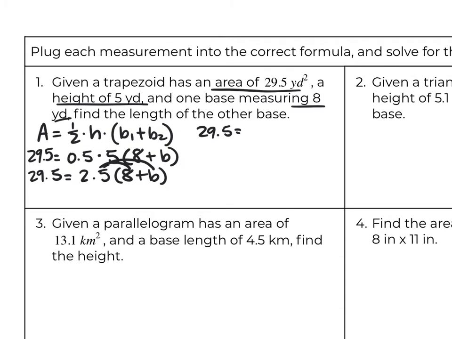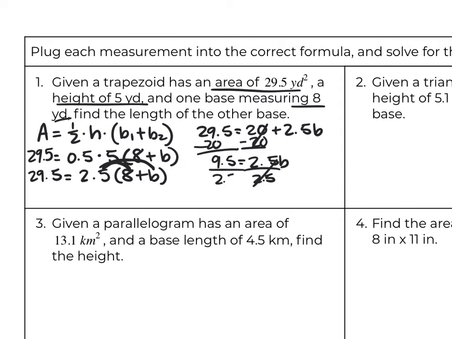All right, so 2.5 times 8 is 20, and then 2.5 times b would be 2.5b. I would subtract 20, leaving me with 9.5 equals 2.5b. Divide by 2.5. And that gives us a base of 3.8.